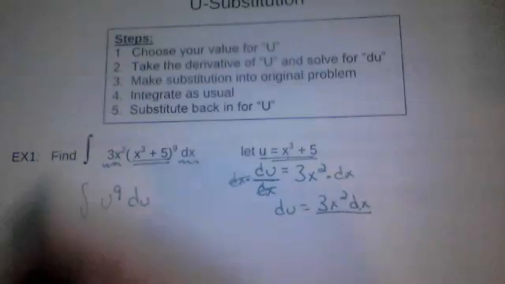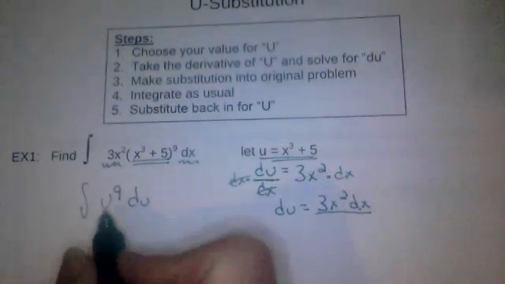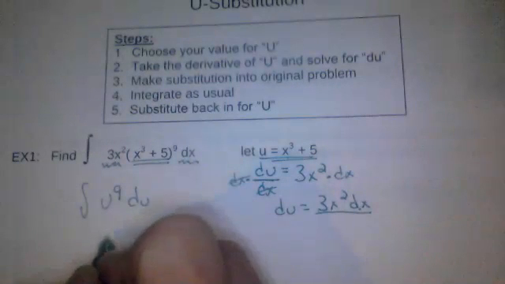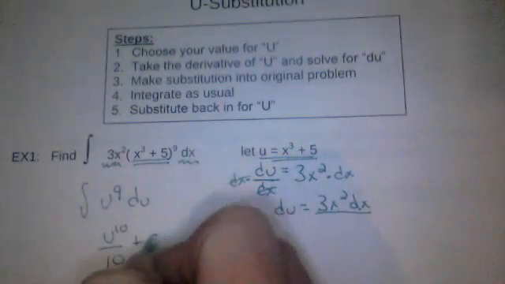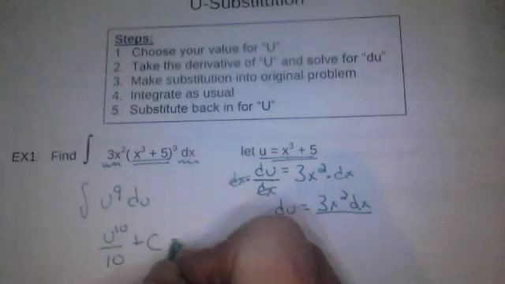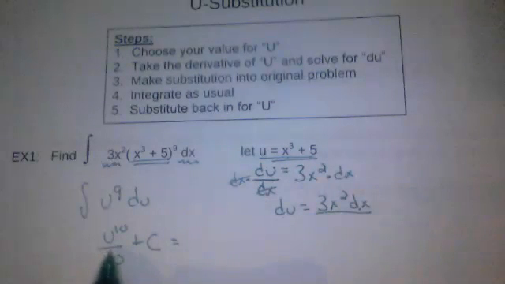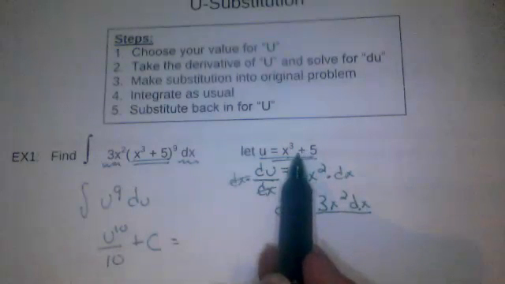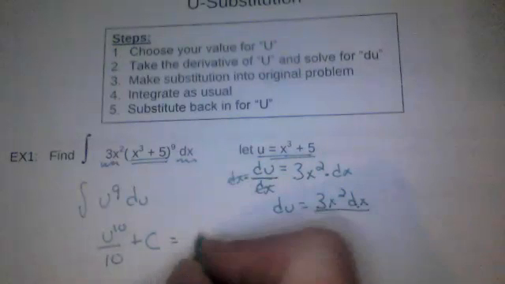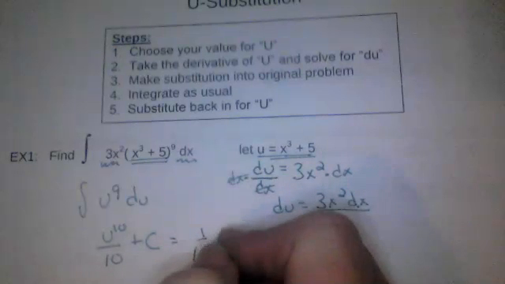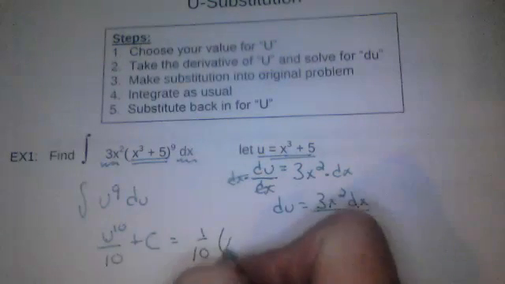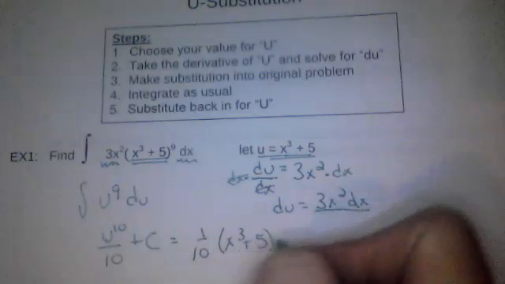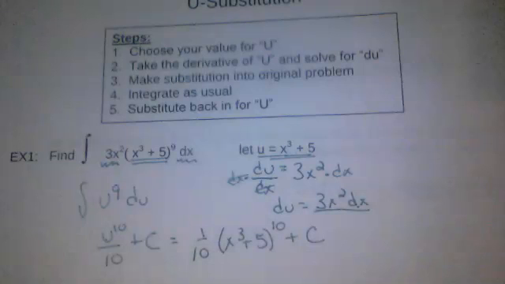And then we can just integrate as usual. We add 1, so we get u to the 10th over 10 plus c. Then I replace u back with what it originally started as, and we have 1/10 times (x cubed plus 5) to the 10th power plus c.